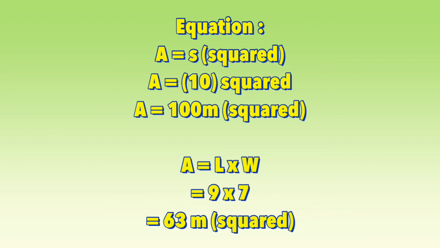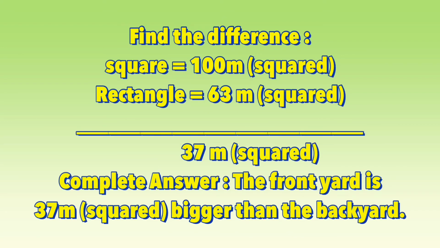The given side is 10, so we square it, and it becomes 100 square meters, the area of the square. Then for the area of the rectangle, we have length times width: 9 times 7 equals 63 square meters. Then we subtract 100 square meters minus 63 square meters to get the difference.